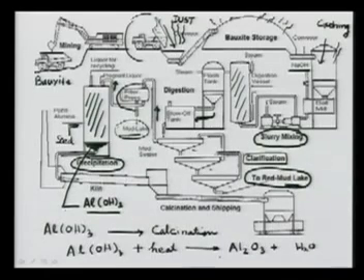Let's balance it. So this should be 2 here, and Al2 is fine. O3 is 6. Hydrogen is 6, so let's put it 3.